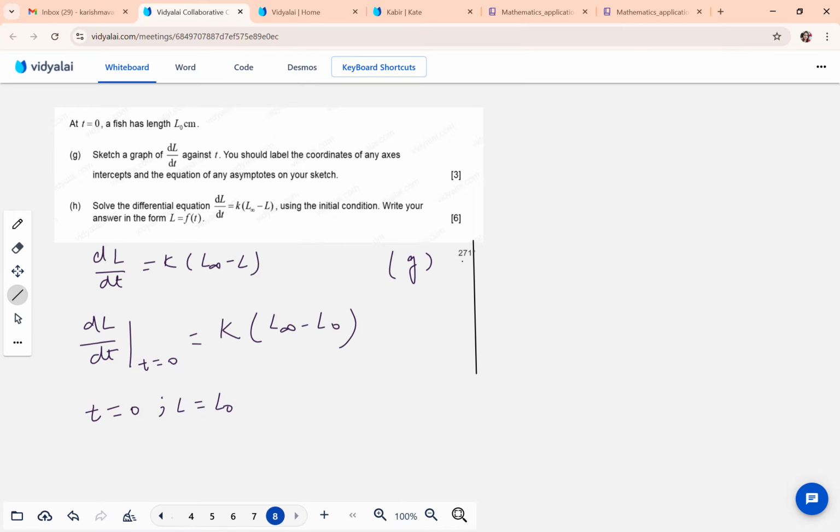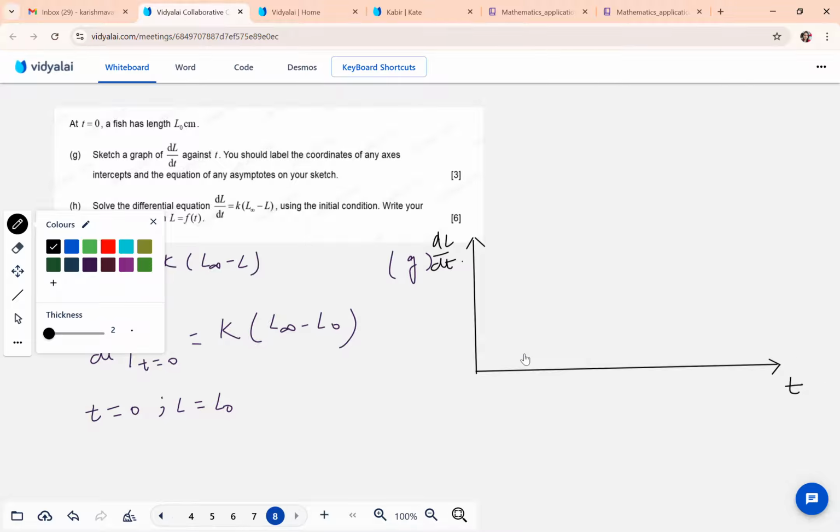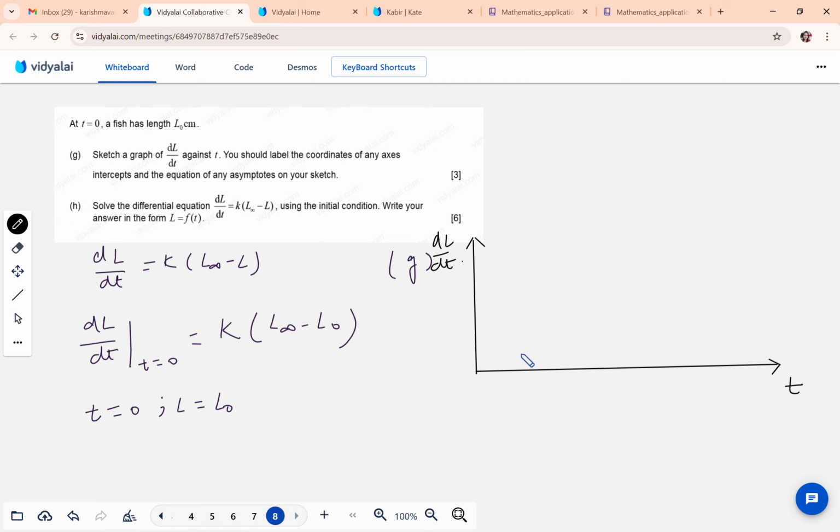Okay, so let's draw the sketch. We'll take the x-axis as t, and the y-axis as dL/dt. So the graph will be dL/dt versus t. Now here when t is 0, we got the value of dL/dt that I wrote down here: k times (L infinity minus L naught). So somewhere here it will be t equals 0, and this value will be k times (L infinity minus L naught).